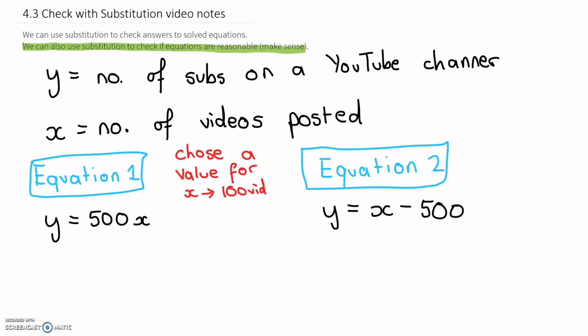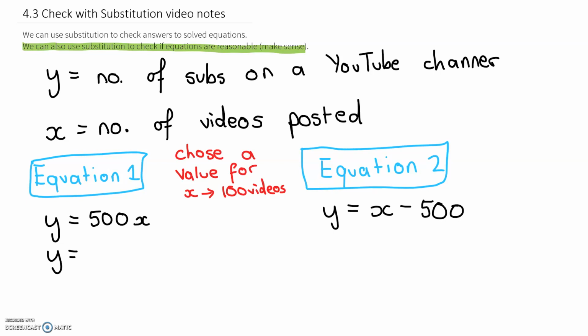That seems like a reasonable amount of videos for a channel to post. You could pick whatever number you want here. It doesn't have to be 100. I've just picked 100 because I think that's a good number of videos that a channel would have posted. So choose any value that you think is reasonable to test your equations with. And then we're going to substitute that value into each equation to see what we get.